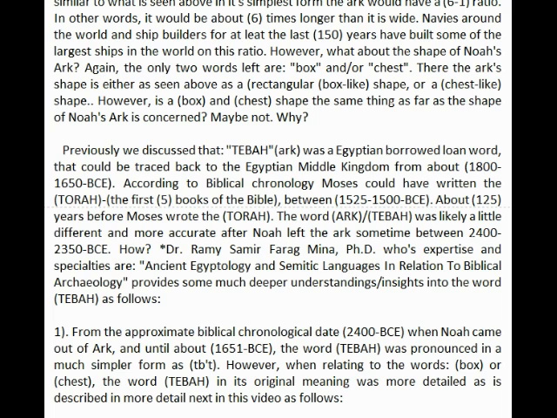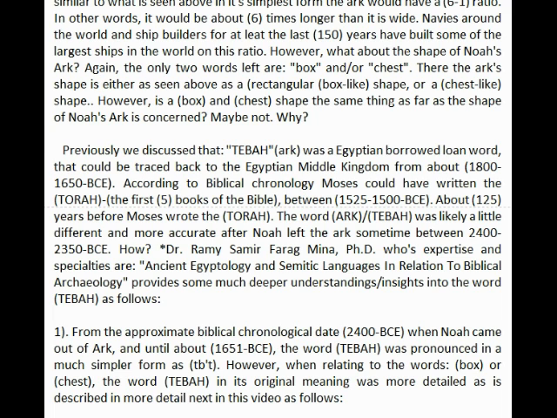Now, how has this changed from 2350 BC until about 1650 BC, right after the flood and after, let's say, the first world empire came through, which of course was Egypt.